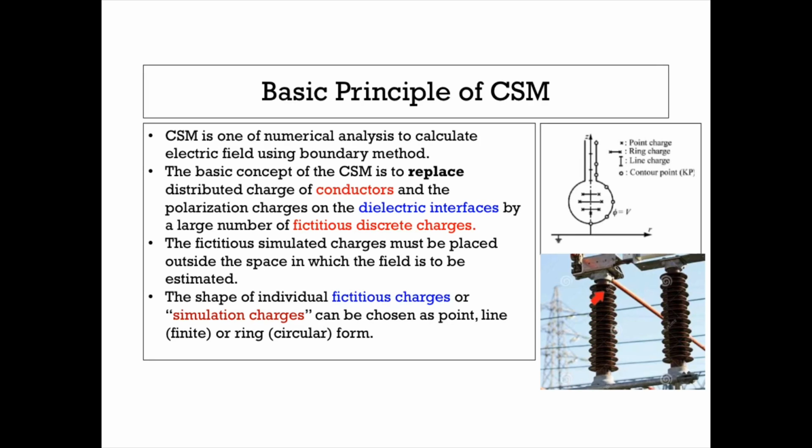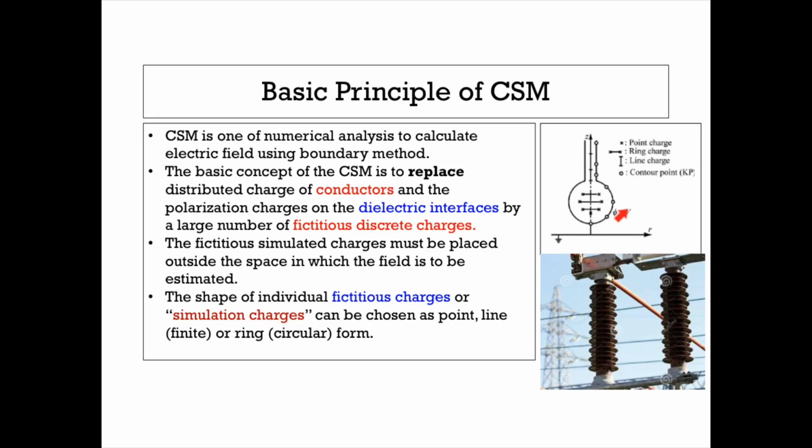The idea is to replace this dielectric material in terms of fictitious charges or simulation charges. Basically, there are three types of charges which can replace the entire dielectric material, which may be a solid dielectric material or air acting as a dielectric medium.